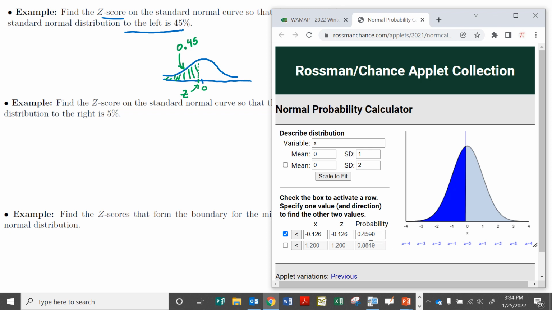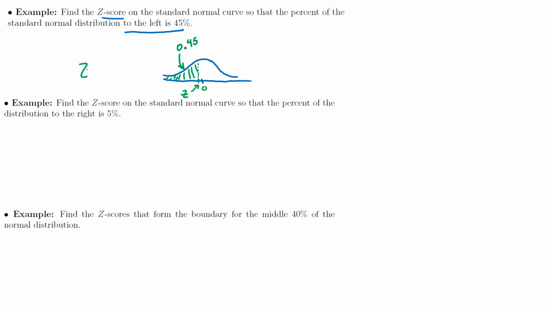So just watch that if you hit this switching button. All right, so 0.45 gives me a z-score of negative 0.126. So the z-score equals negative 0.126, just as expected, because 45% is pretty close to 50%, and we know a z-score of 0 would give me 50%.